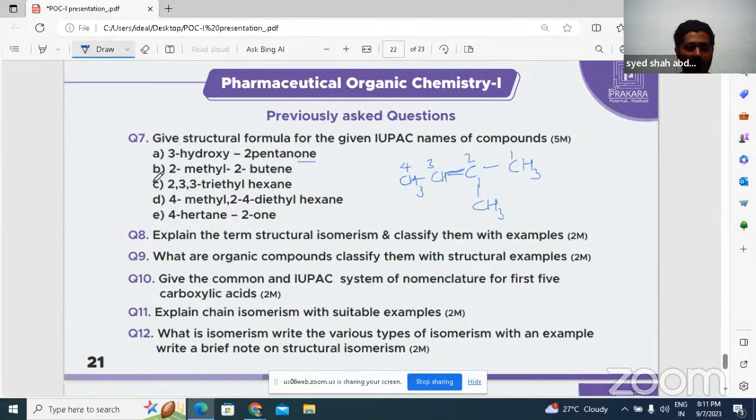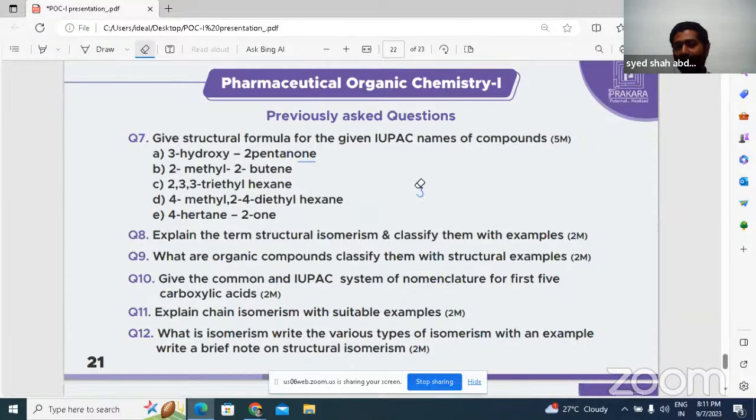Next is 2,3,3-triethylhexane. I think now you can easily draw all the structures. So this is the simple way. Drawing the structure is much easier than writing the IUPAC name.